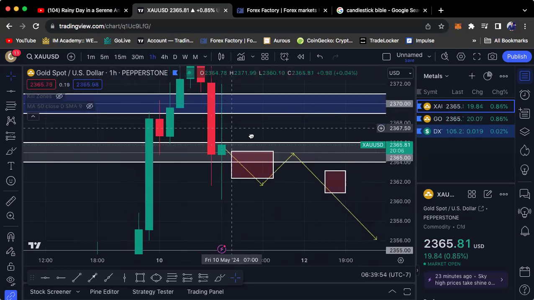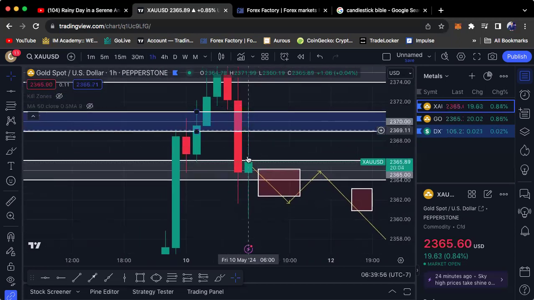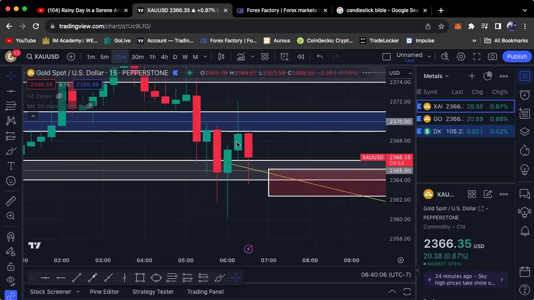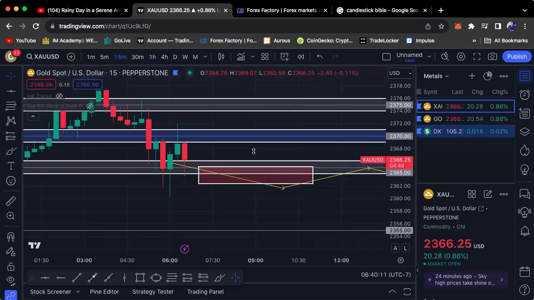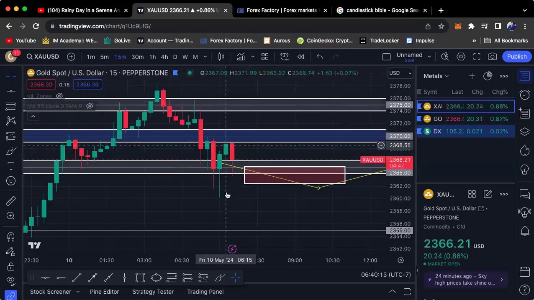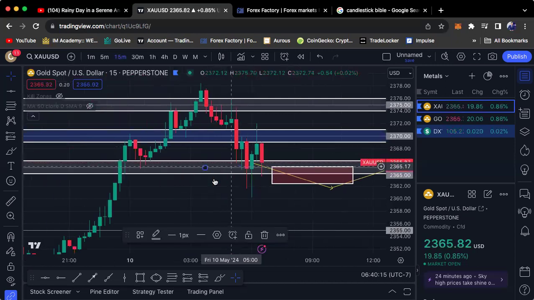See, this is a 1 hour candle. See this long wick. That's sellers pushing the price down. Okay, so I do see price breaking below. I do see price trending down. Okay.